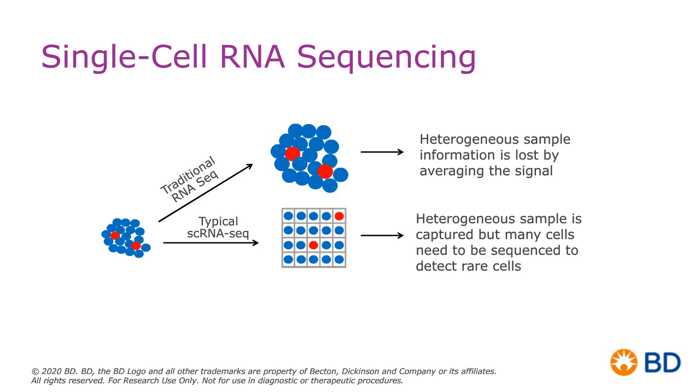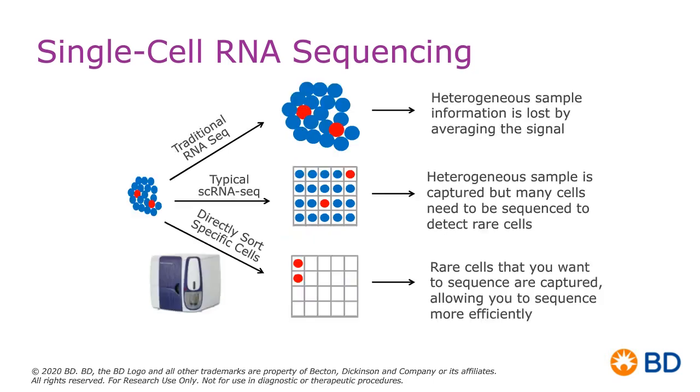Well, of course, you're limited by capacity. How many plates are you going to be able to do this with, and how many are you going to be able to sequence? But you also have the problem that the cells that you're looking at are still very rare. So you're spending a lot of money and resources getting single-cell information and data from cells that are kind of irrelevant to what it is that you're looking at.